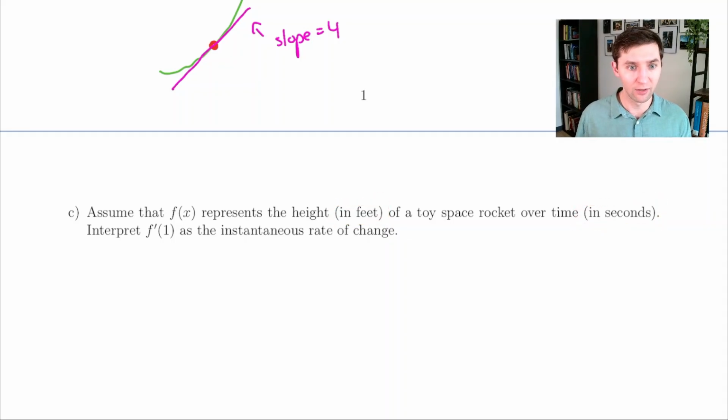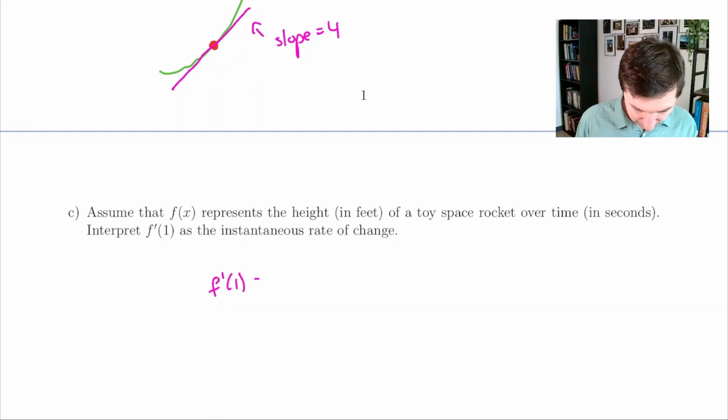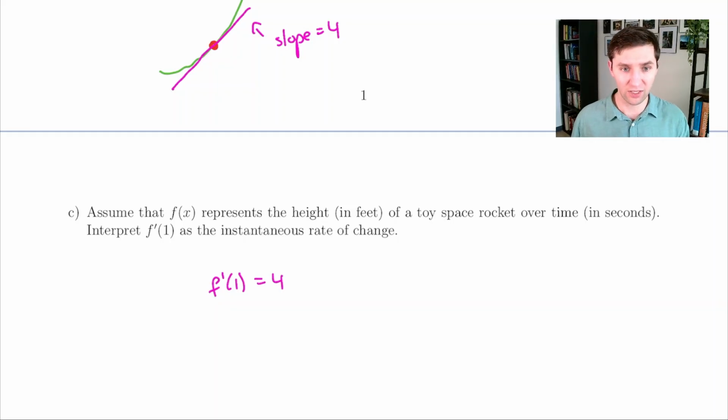We must now interpret f prime of 1 as the instantaneous rate of change. In our case, f prime of 1 was 4, which means that the instantaneous rate of change of the position function, in other words, instantaneous rate of change of f of x, is 4.